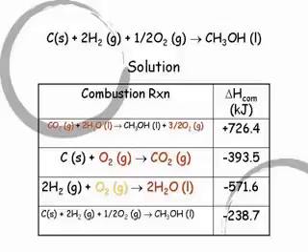And again, in enthalpies of formation, fractional coefficients are not only acceptable, they're welcome, because we always want to try and calculate the enthalpy of formation for 1 mole of the compound being formed. When we add the delta H's together, plus 726.4 plus negative 393.5 plus negative 571.6 gives us an enthalpy of formation for methanol as negative 238.7 kilojoules per mole.